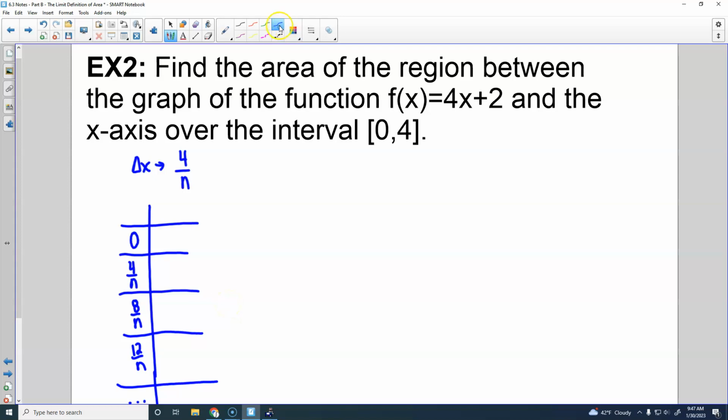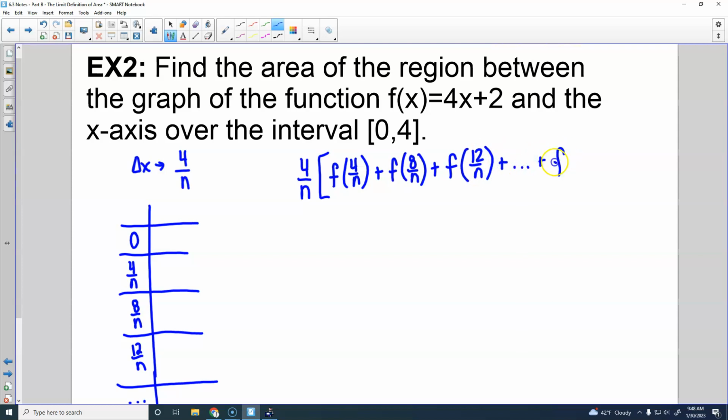So what it's going to look like here is we'll have 4 over n times, and I'm going to write it this way so I don't forget, f of 4 over n plus f of 8 over n plus f of 12 over n plus dot dot dot plus f of 4n over n.